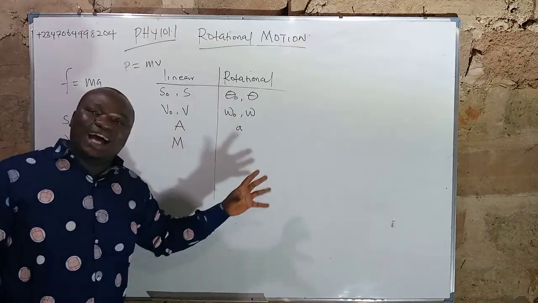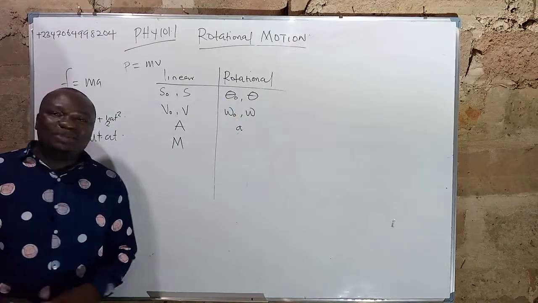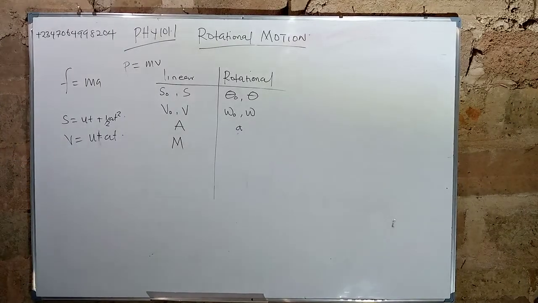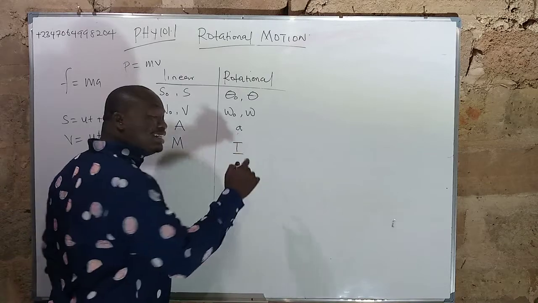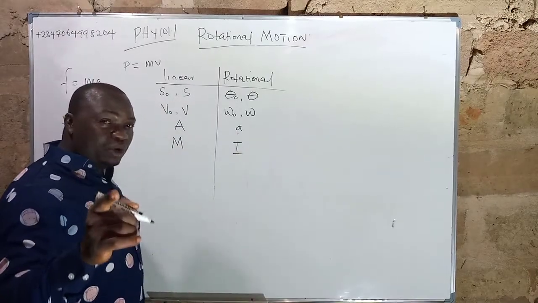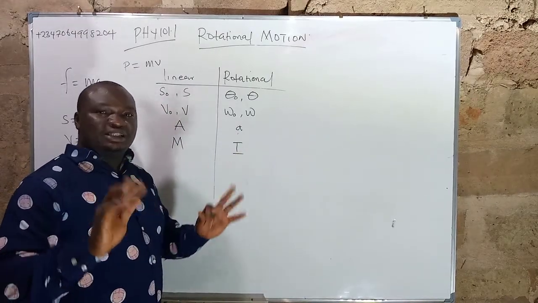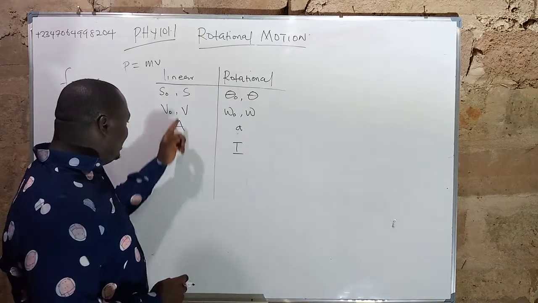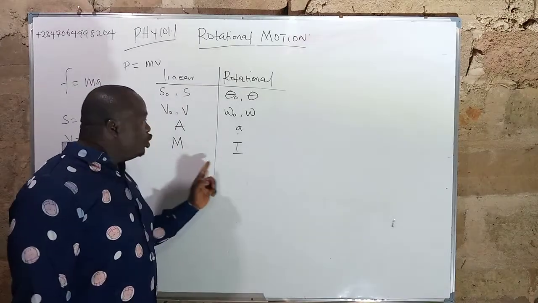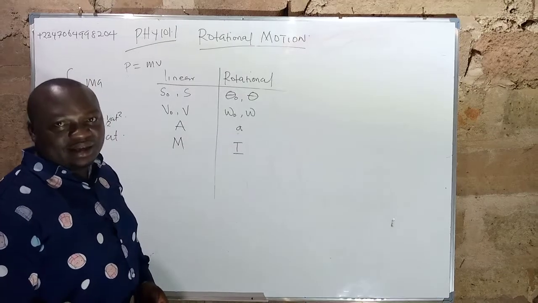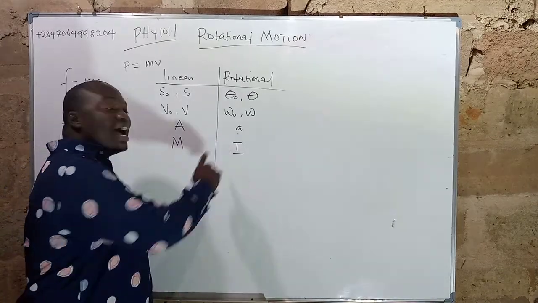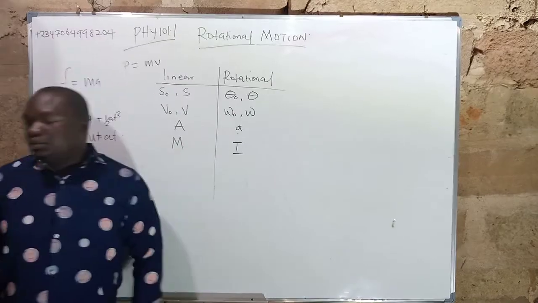Under rotational, you don't write m, the symbol changes. It's no more m but I. This is the bump. Start writing it down immediately. Under linear, this is a capital M. Under rotational, we change it to I. So we replace M with I under rotational.